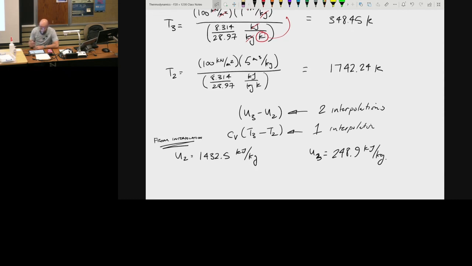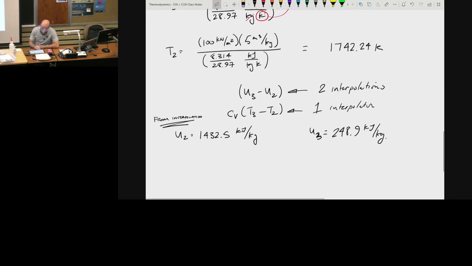Okay, so now with this information, we have this equation. We have 248.9 minus 1,432.5 kilojoules per kilogram equals Q23 minus a minus 400 kilojoules per kilogram.